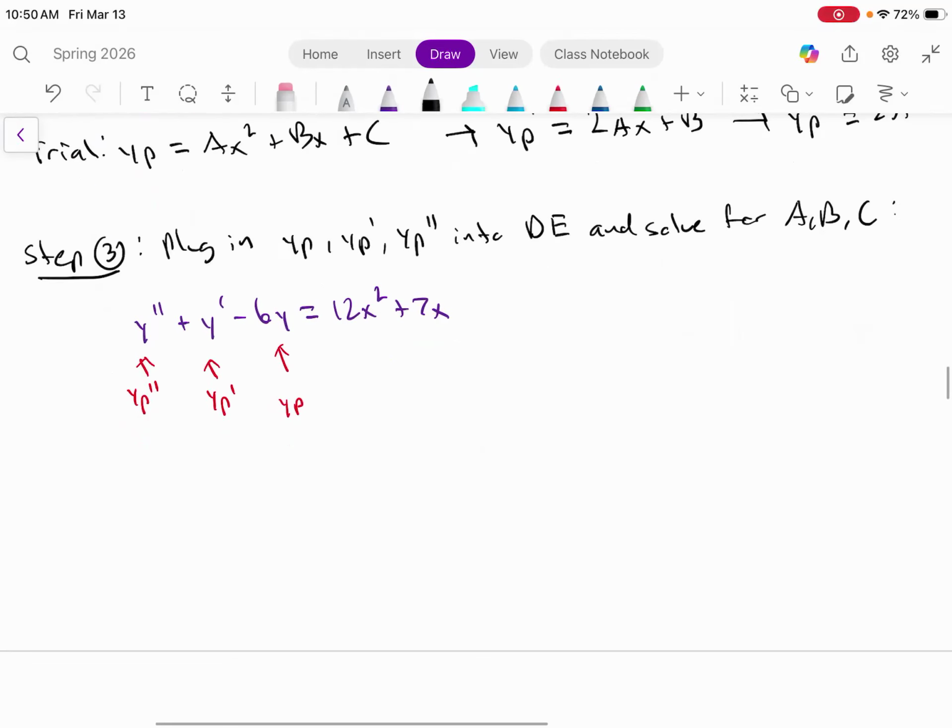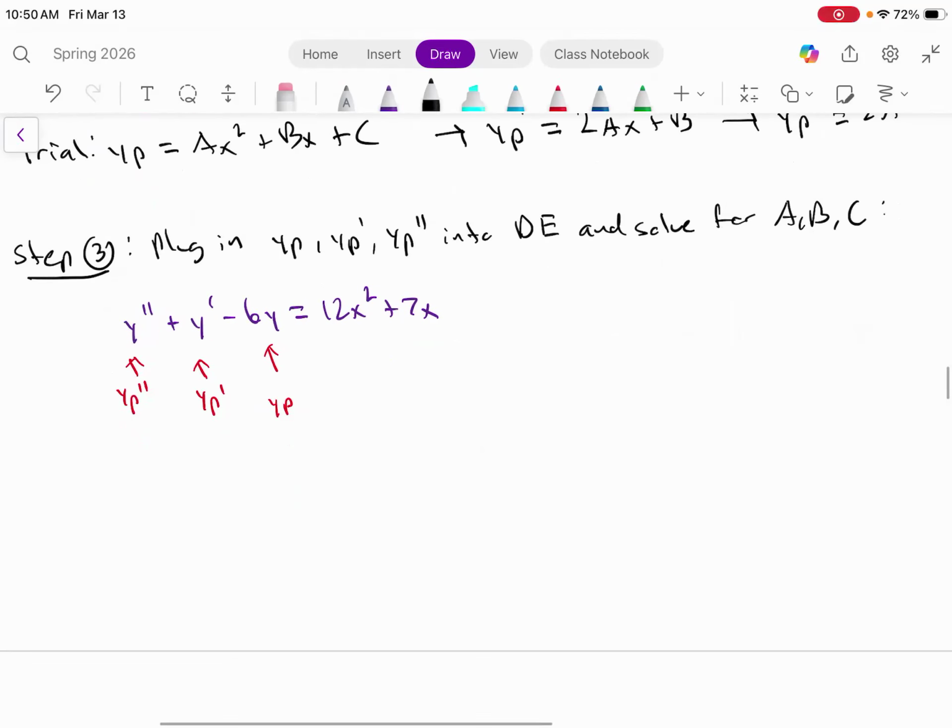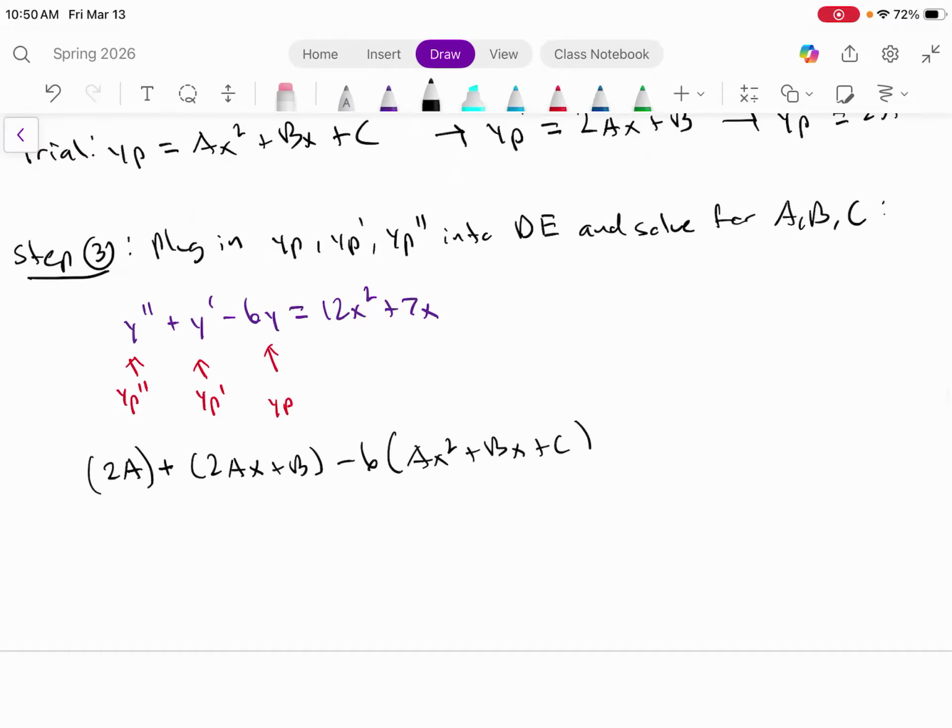Let's see what happens. We get 2a plus (2ax plus b), with parentheses for notation purposes, minus 6 times the particular solution, ax squared plus bx plus c, and it all equals 12x squared plus 7x.